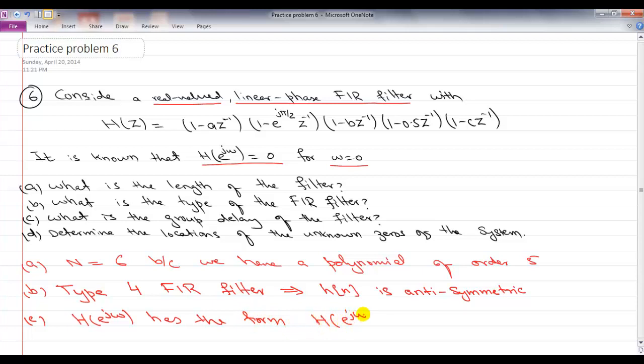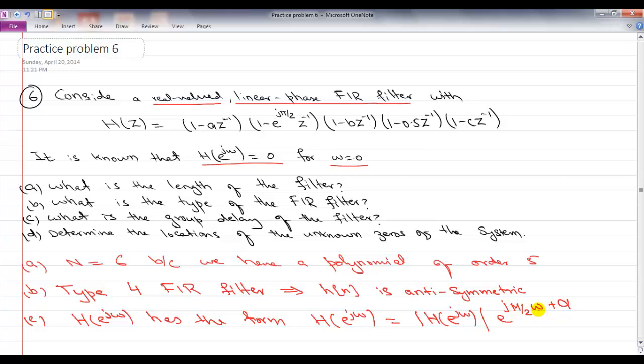We can write that as H, the magnitude times e to the j M by 2 omega plus some alpha factor.